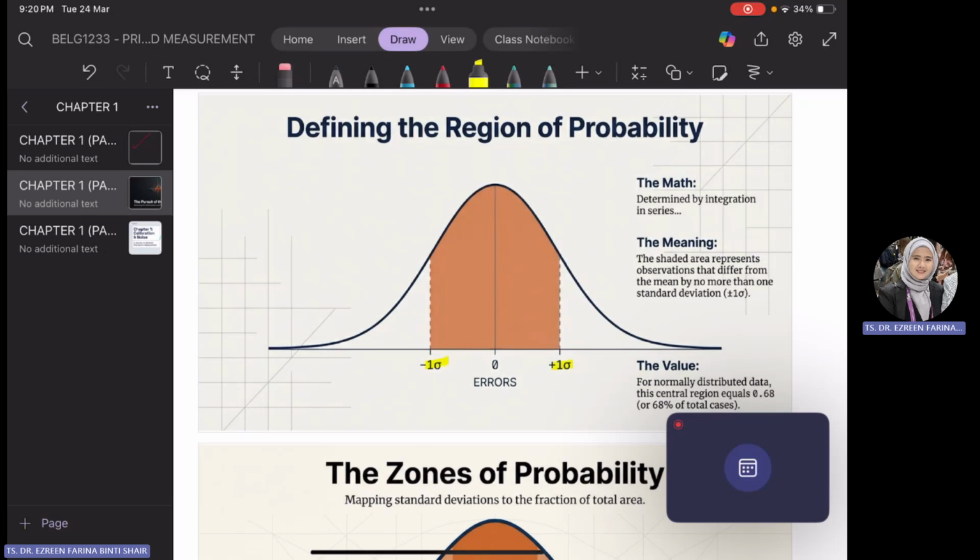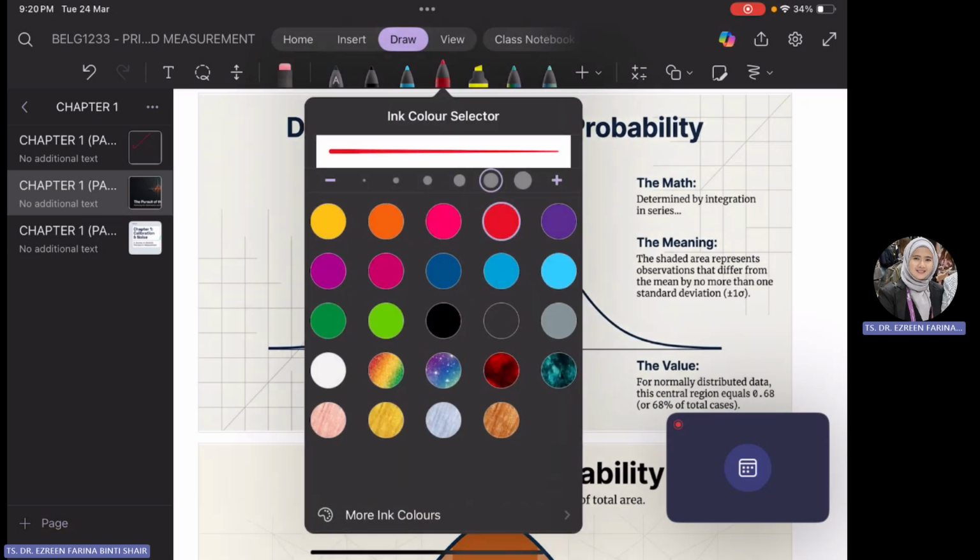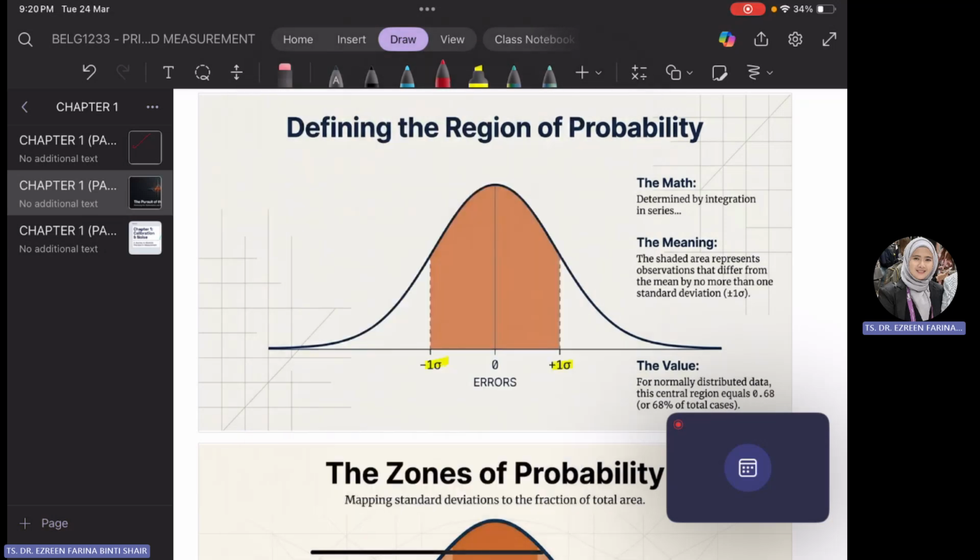For normally distributed data, this area from negative 1 sigma to positive 1 sigma equals 0.68, or 68% of total cases. So it means that 68% of the errors happen in this region.